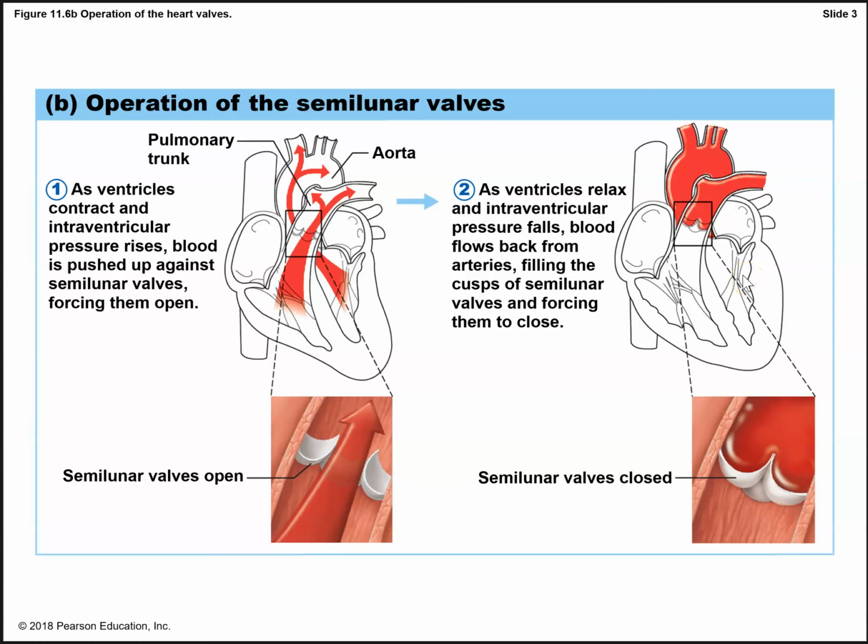Now, aortic stenosis is the stenosis of the aortic semilunar valve, and it affects a lot of people, about 2% of the population over 65 years of age.